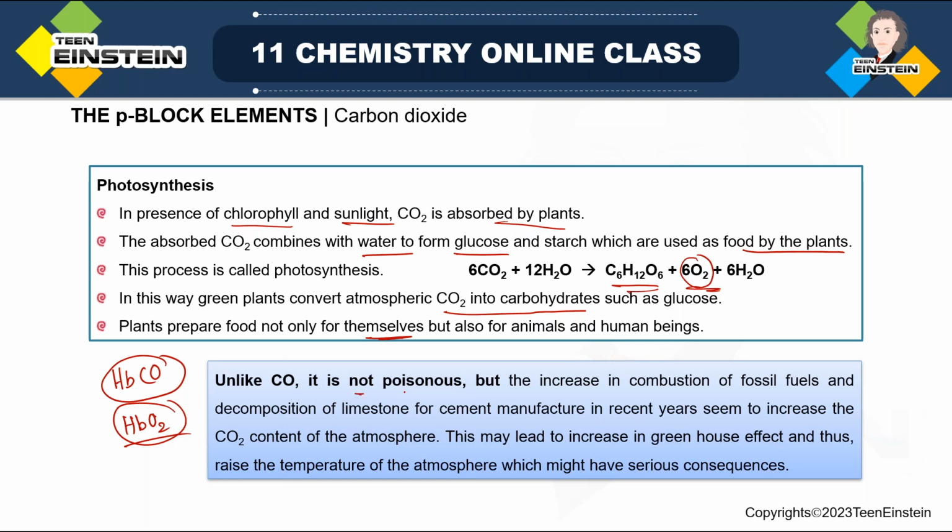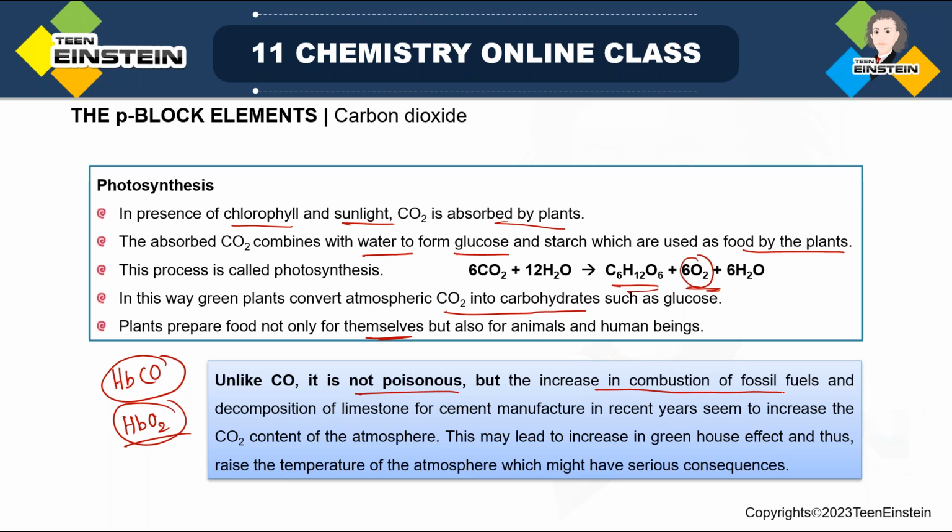But that is not happening for CO2. So unlike CO, it is not poisonous. But there is another problem that we face from CO2. It is not deadly like CO, but what happens when there is increased combustion of fossil fuel and formation of CO2? Remember, in the preparation of carbon monoxide, we have seen how fossil fuel combustion can produce CO2.